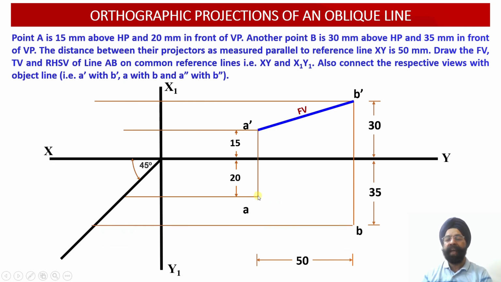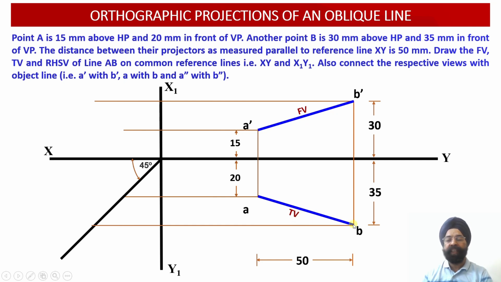Point A had already been located. Point B in the top view has been located. Now we can join points A and B in the top view orthographic projections, which will provide us with the apparent length top view projection in the orthographic view over here.